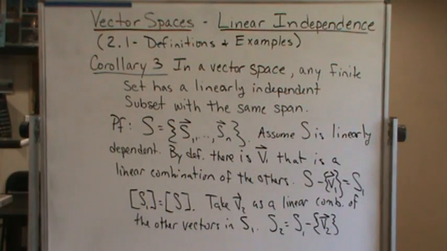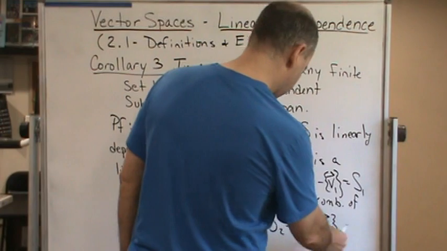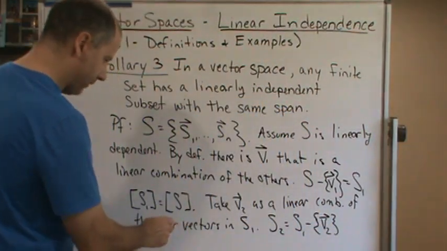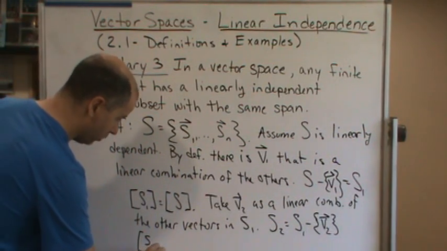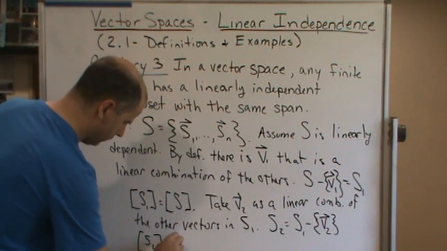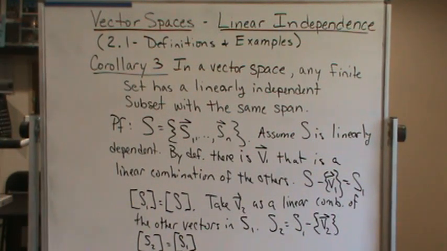Now, if S2 is linearly independent, then we're done again. But one last thing: by corollary 2 again, we also have that the span of S2 equals the span of S1, because again, by corollary 2, the span doesn't shrink.